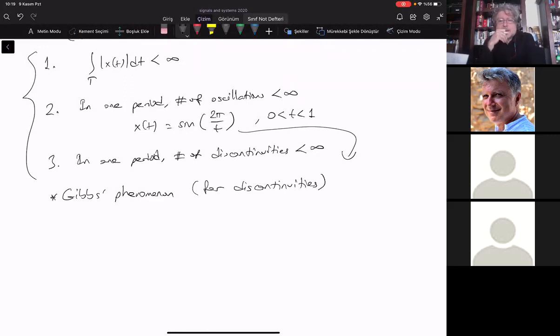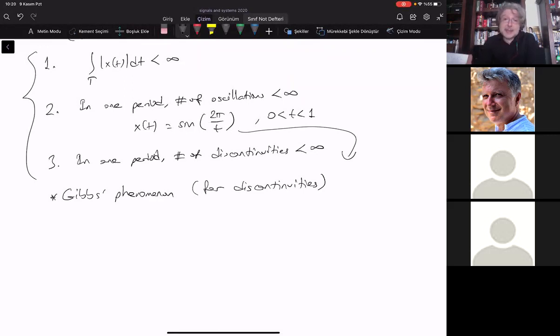The Gibbs phenomenon has been known by the scientists for a long time, but it was Gibbs who indicated that its existence does not disturb the convergence of the Fourier series coefficients.